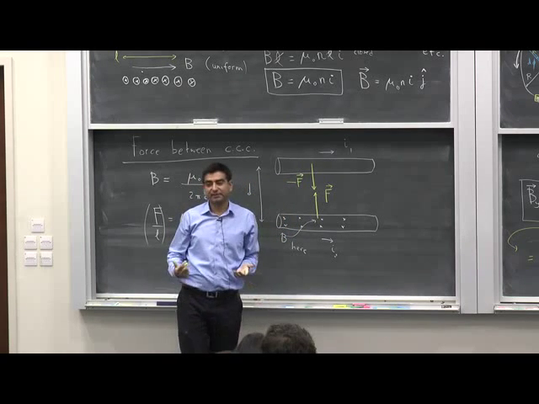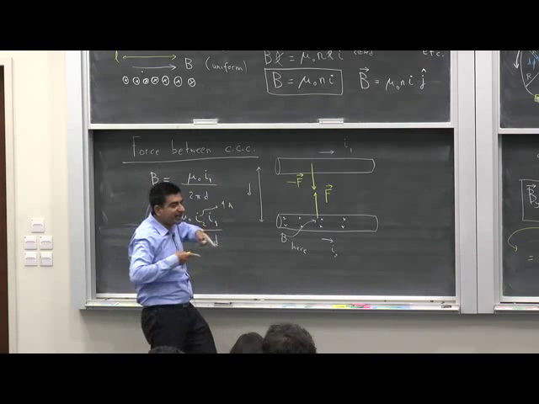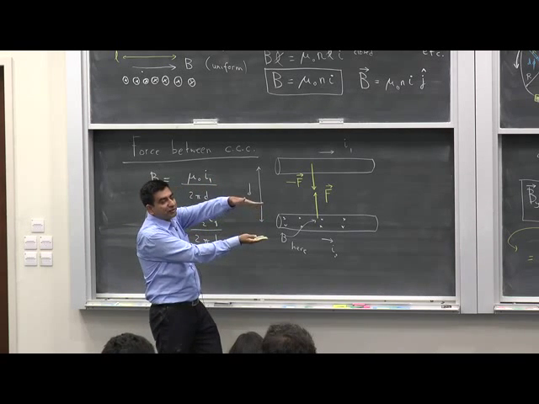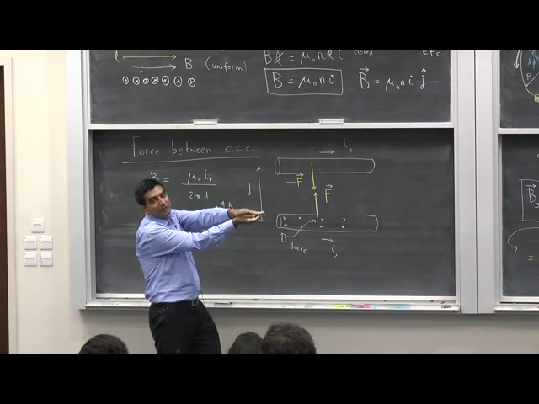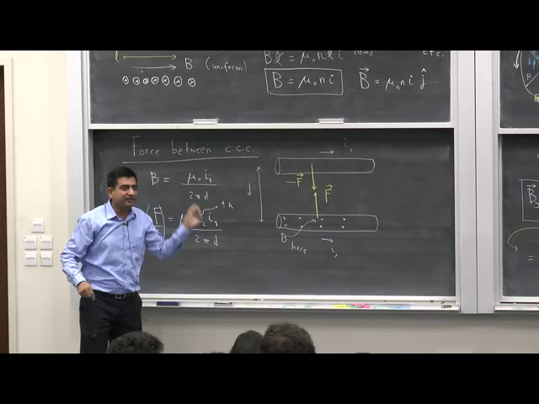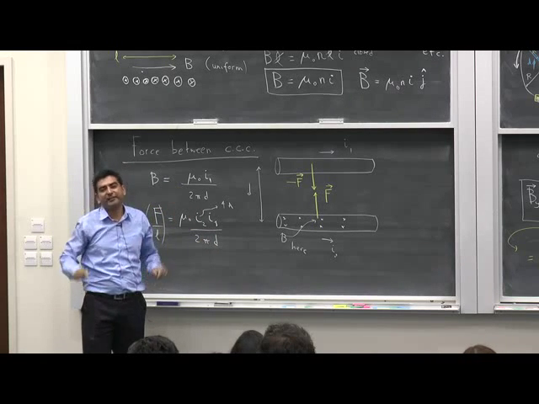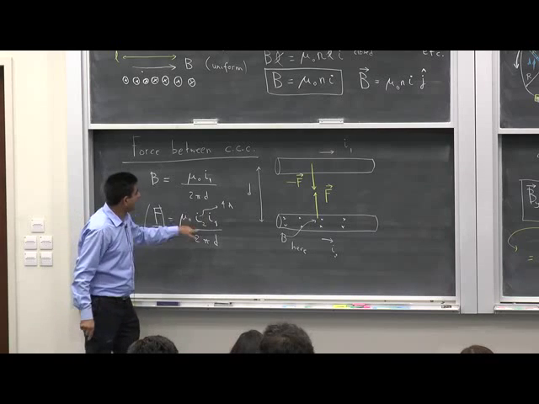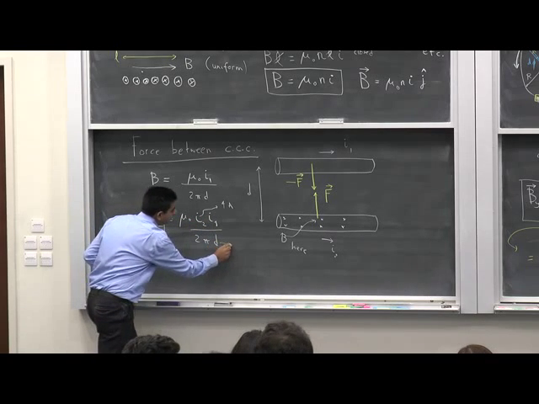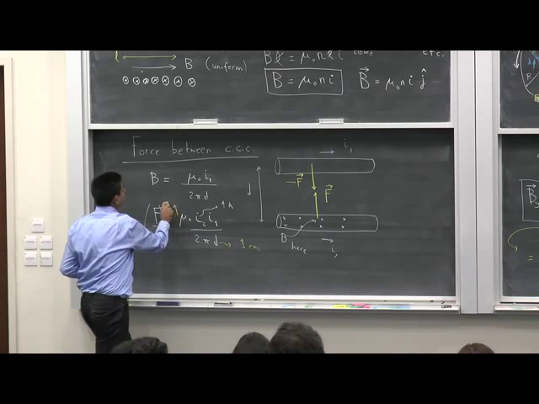But how large is this force? If I have 2 current carrying conductors carrying current in the same direction, these wires should try to come towards one another mechanically. But how large is this force? It's a miserly, meaninglessly minuscule force, really small. 4 ampere, take the separation to be say 1 centimeter. This is 4 pi into 10 raised to minus 7.